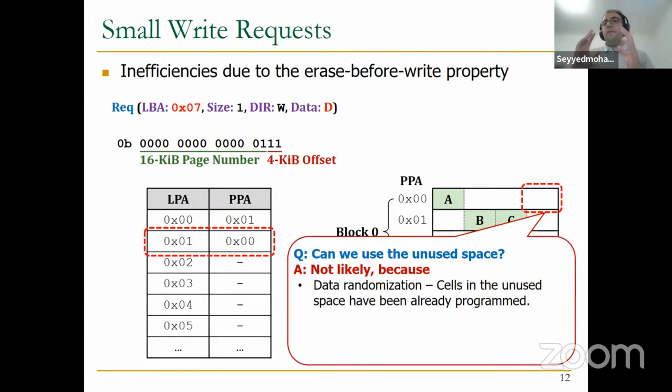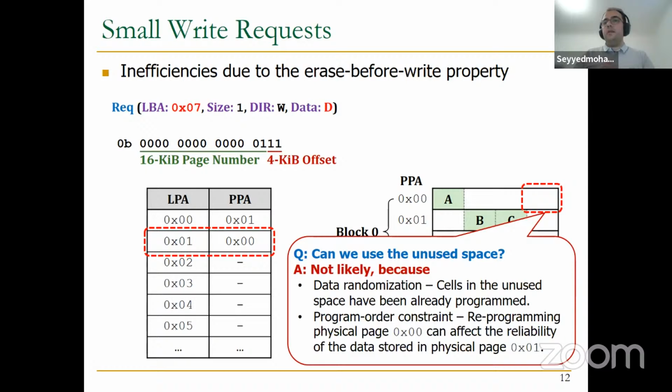But the thing is that we have data randomization. So even if the FTL, for example, wants to write all 1s for the remaining 12 kilobyte space, after data randomization we don't have all 1s, and we have already programmed it. So we cannot use that before. Basically, we need to erase if we want to write in that physical page address.